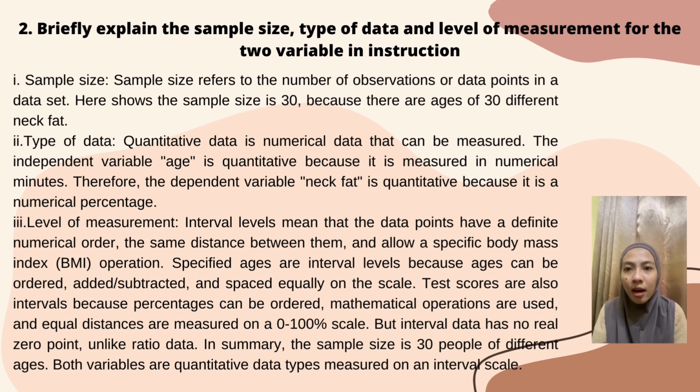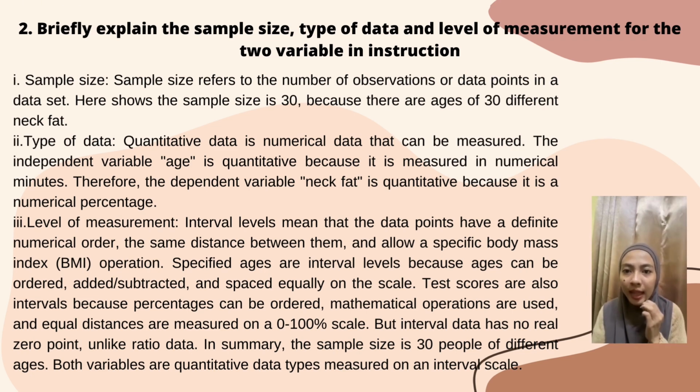Specific ages are interval level because age can be ordered, added and subtracted, and spaced equally on the scale. Test scores are also interval because percentages can be ordered, mathematical operations are used, and equal distances are measured on a 0 to 100% scale.